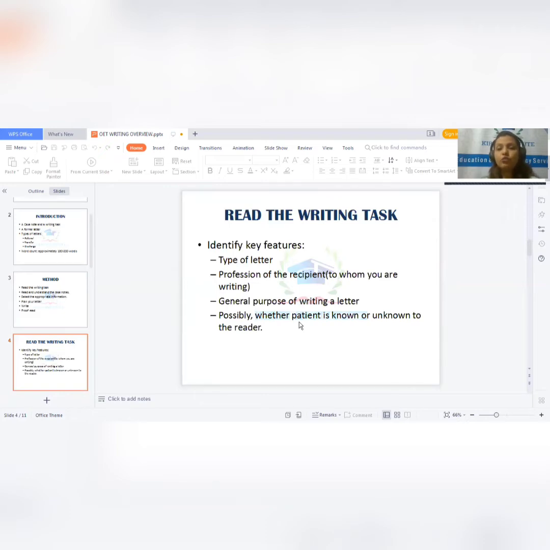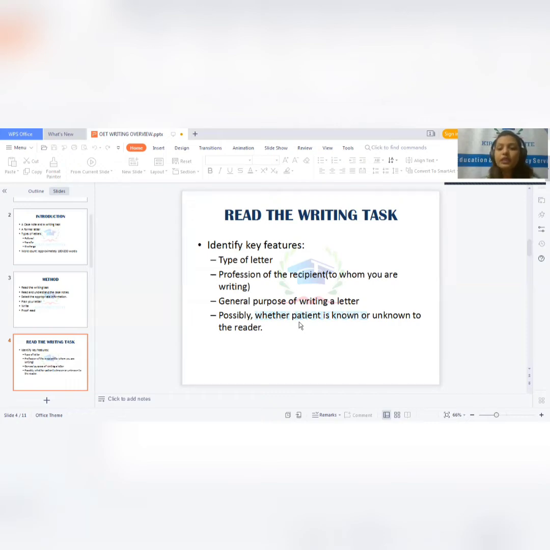Whether you are writing to a doctor, a nurse, a social worker, or a physiotherapist. Who is the reader? Then you will have to identify the general purpose of writing the letter, that means the overall purpose of the letter. It can be ongoing care and management, assistance and further management, or definitive diagnosis and further treatment.